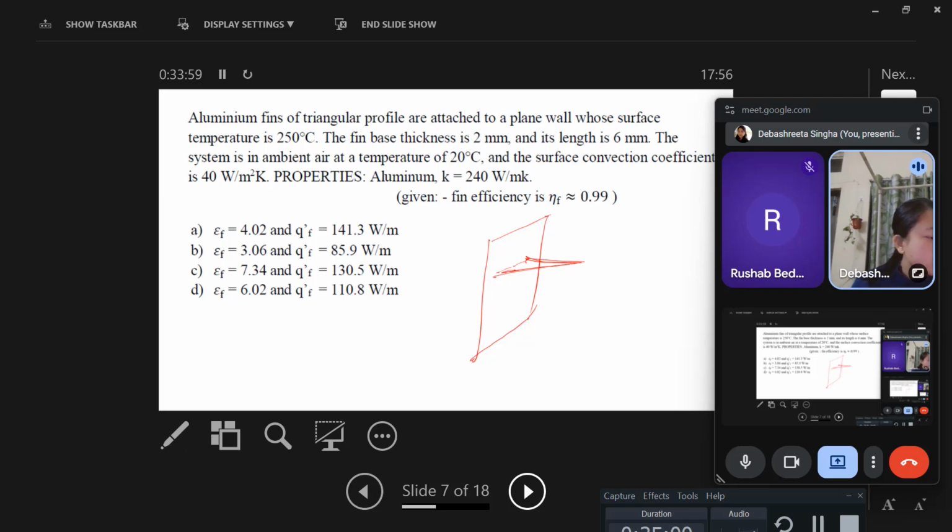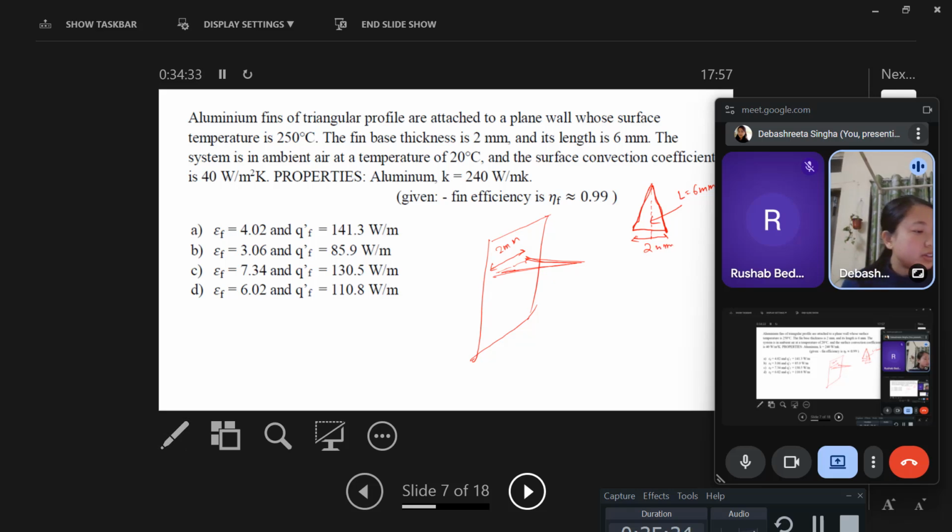The fin base thickness is 2 millimeter, the length is 6. If the triangle looks like this, in this question they have defined this as L and this as S, thickness 2 millimeter.